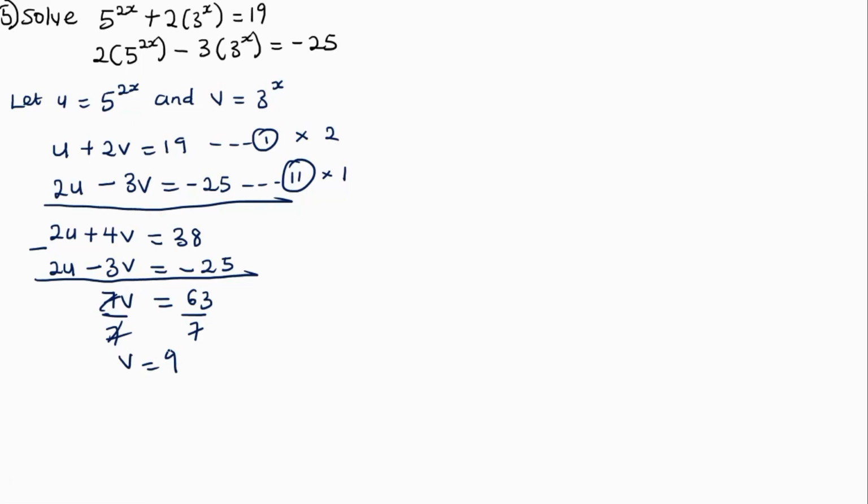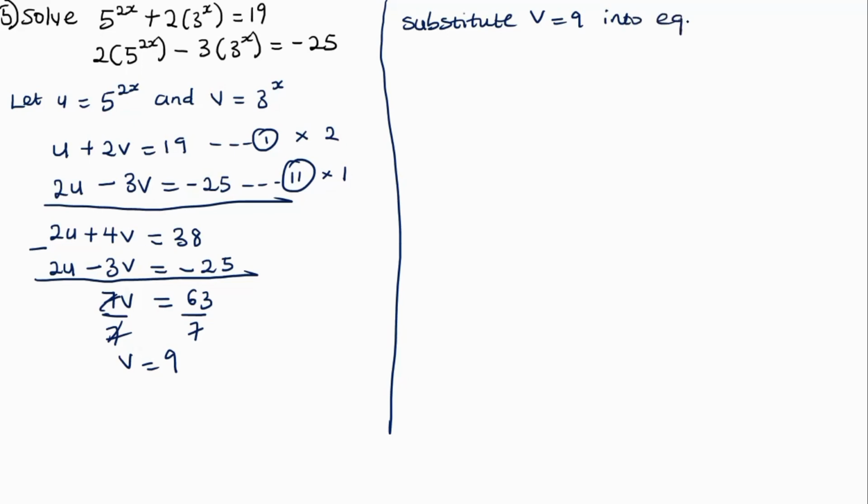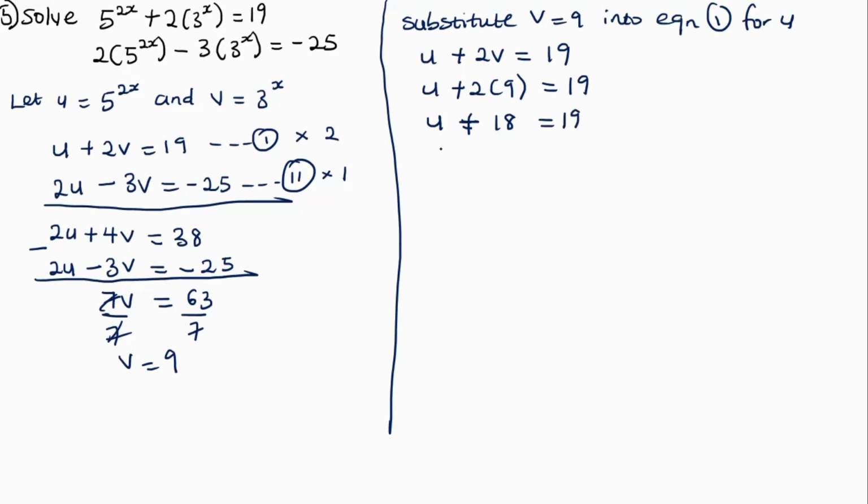So if v is equal to 9, the next thing we want to do is simply substitute v equals 9 into equation 1 for u. So we have u plus 2v is equal to 19. So u plus 2 into 9 is equal to 19. U plus 2 times 9, 18, is equal to 19, and u is equal to 19 minus 18, which is equal to 1.